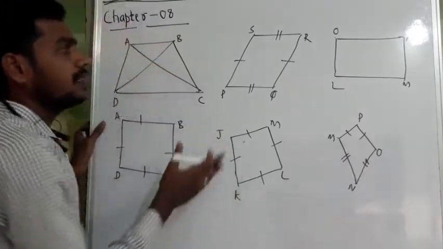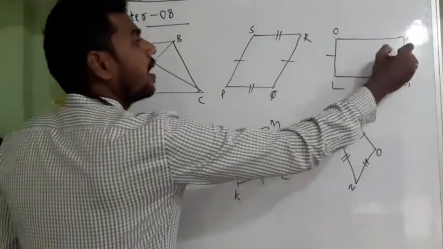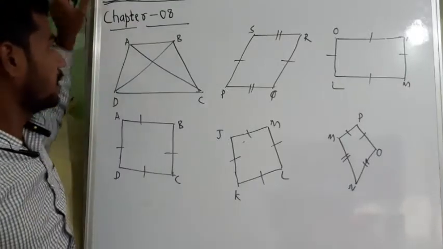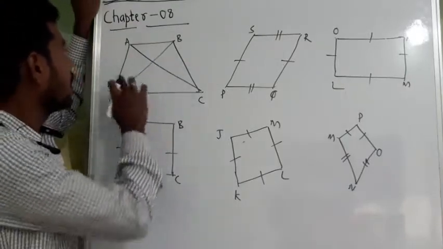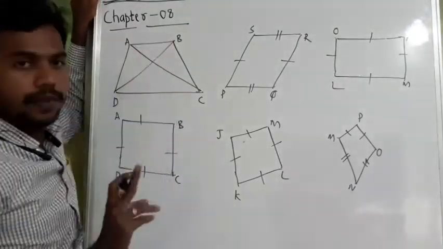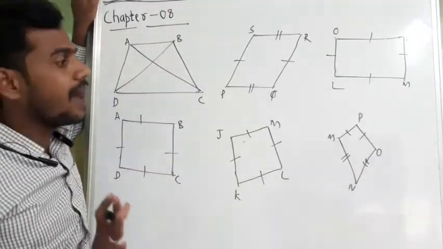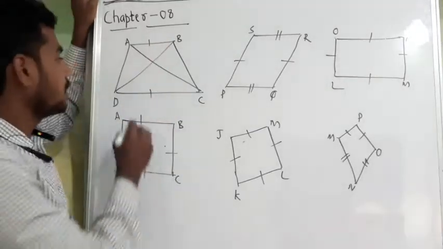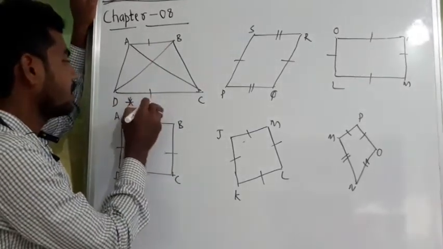Based on the sides and angles arranged, there are different types of quadrilateral. Here in this quadrilateral ABCD, one pair of sides is parallel to each other.